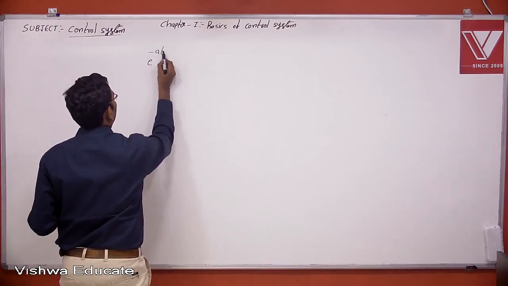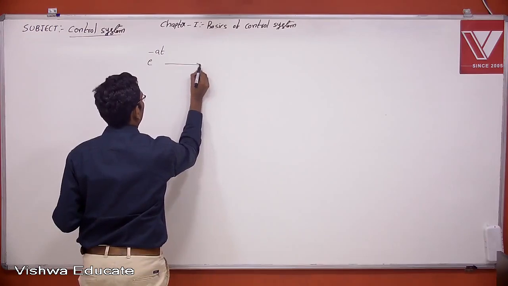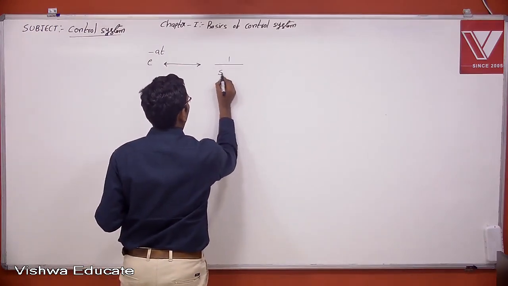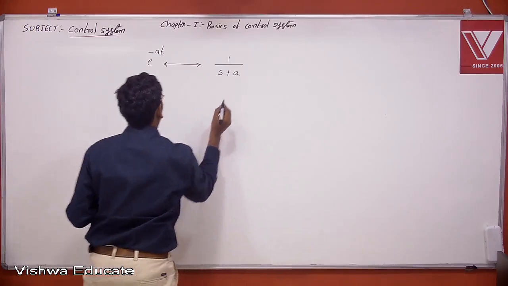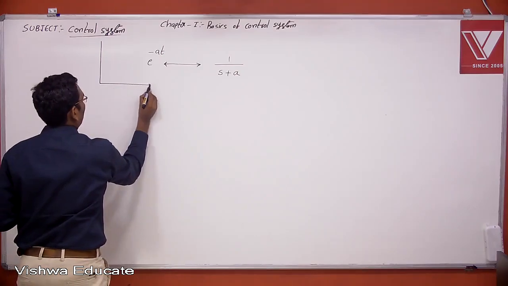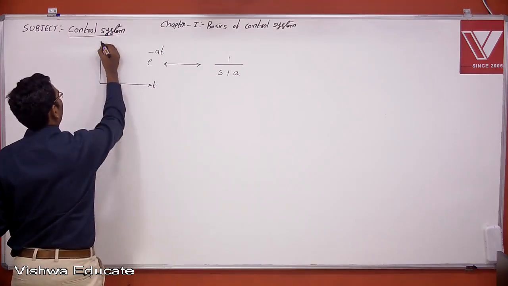Tell me, what is the Laplace transformation of e power minus at? You already know that it is 1 by s plus a. This is in the time domain, which is exponentially decaying.